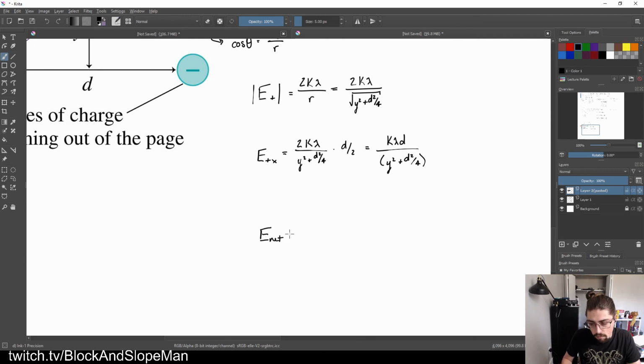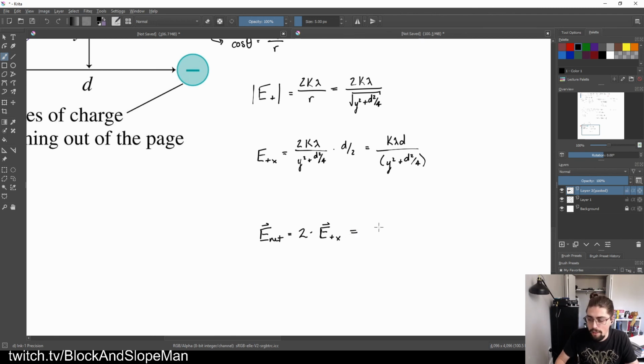E net is equal to 2, let's do vector style, times the x component. I need to not jump the gun like that.